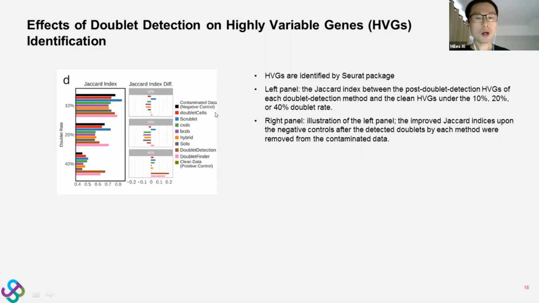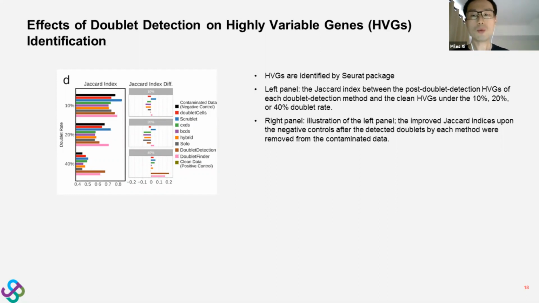Then we apply each of our methods on the contaminated data with 40% doublet rates and remove the 40% identified doublets. After removing them for each method, we have what we call the after-removal data set.